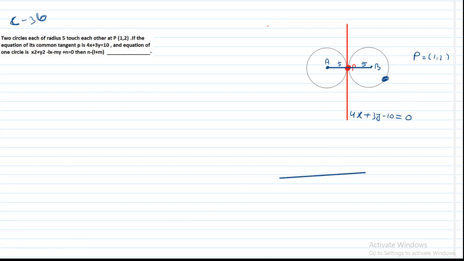For example, this is a straight line. Its inclination is theta. A point is given on this straight line, so a fixed point, say (x1, y1).